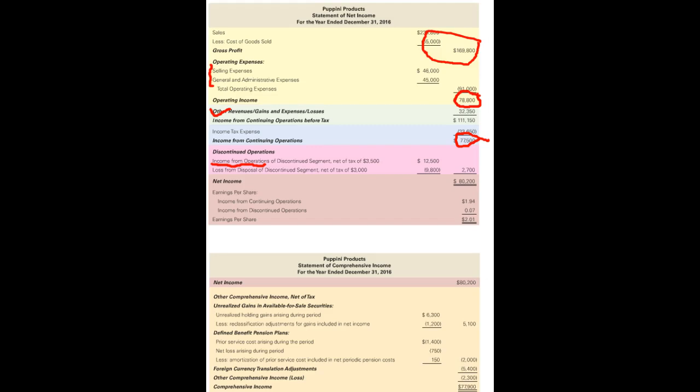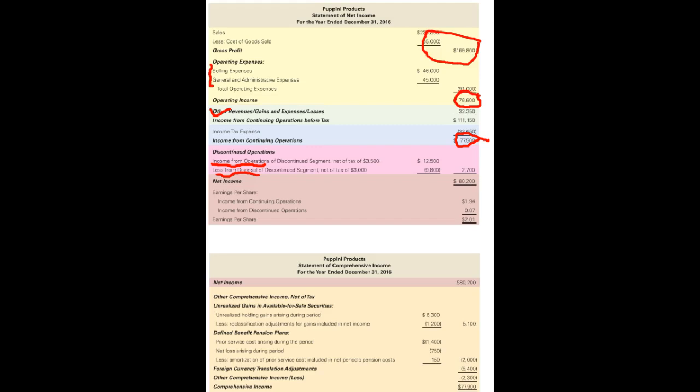So when you're getting rid of a segment, you're getting rid of all the long-term assets and all the items related to that particular segment. And you might have gains, you might have losses. Typically, if you're selling off a segment that's not profitable, you're more likely to see a loss there.